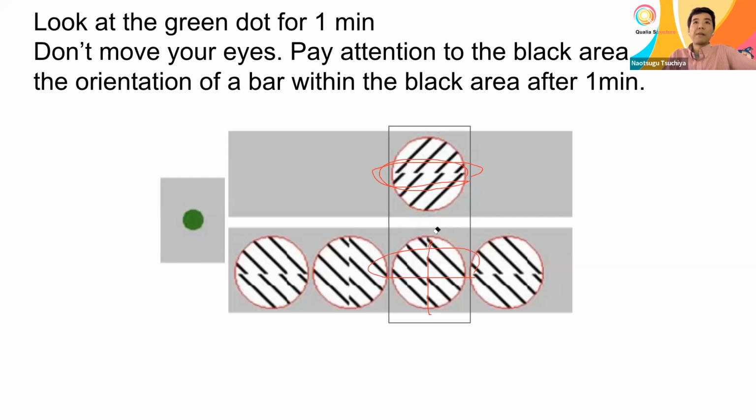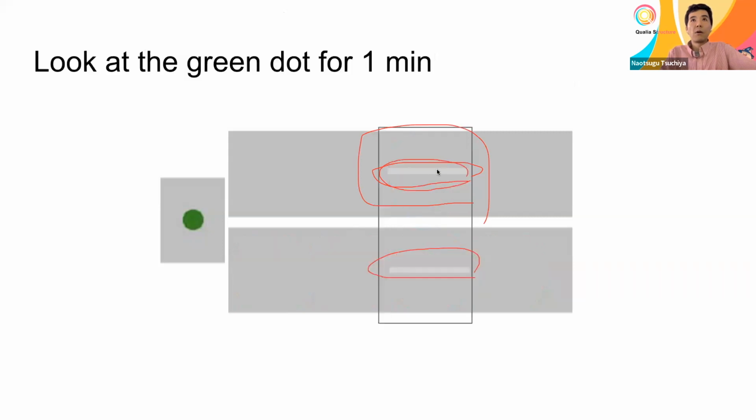And because of the difference in the orientation, adaptation of this stimulus will make it difficult to see in this subsequent horizontal one. But this one is okay to see. It doesn't get affected. That's the adaptation experiment here. It probably doesn't work in a display, but this is the procedure of the adaptation experiment.